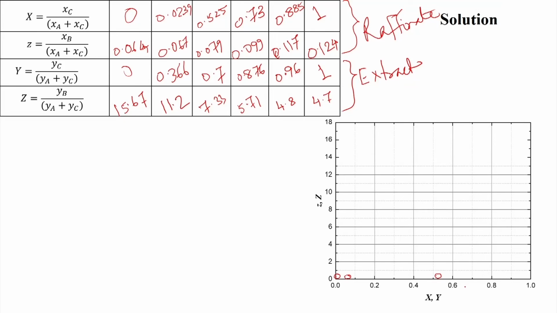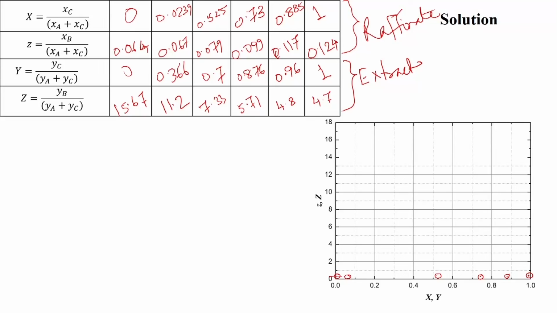So, it will be like this, 0.079, 0.73 somewhere here, it is for 0.099. So, it will be like this, just below 1, 0.1 somewhere here, and then this 0.885 somewhere here, it is for 0.117, and for 1 it is 0.124, somewhere here.